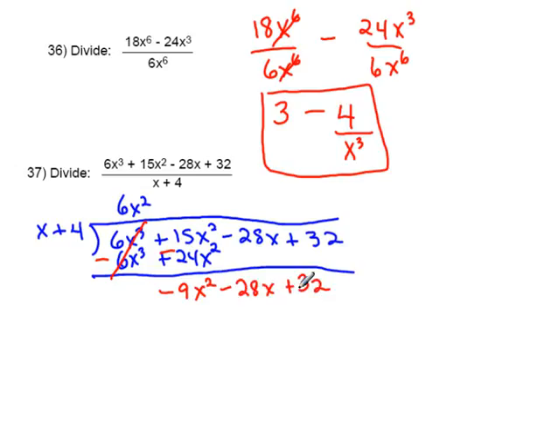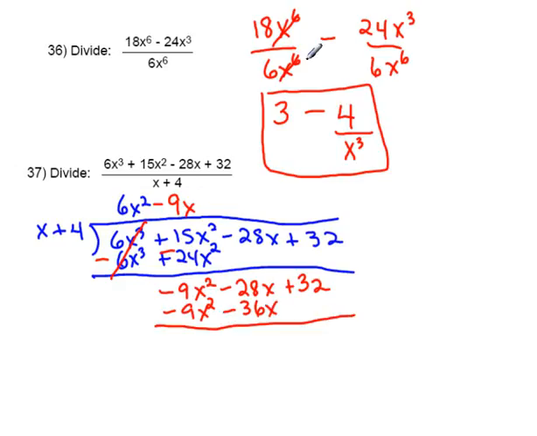And start all over again. X times what gives you negative 9x squared? Well, that would be negative 9x. So distribute the negative 9x times the entire divisor. So negative 9x times x is negative 9x squared. Negative 9x times 4 is negative 36x.